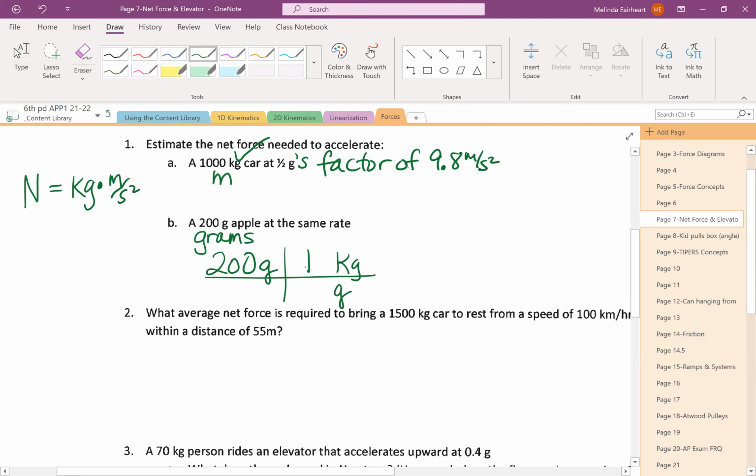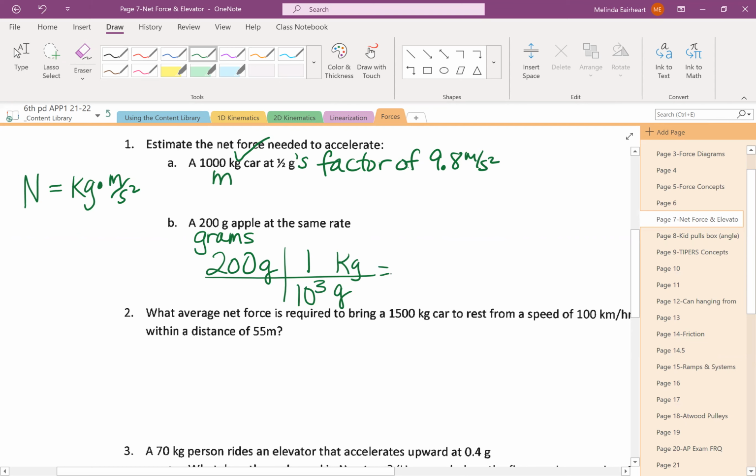And so 1 kilogram has how many grams? And if you don't remember, flip your formula chart over. They do give you SI prefixes common in this class. So what does kilo represent? 1,000 or 10 to the third, either way.